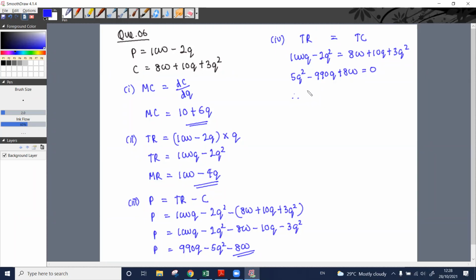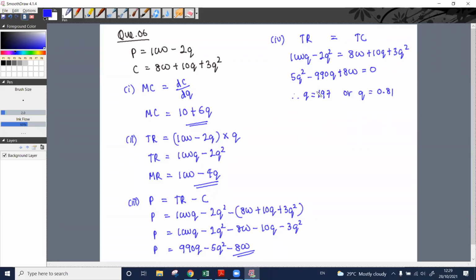Using the calculator, this quadratic equation gives Q equals 197 or 0.81.